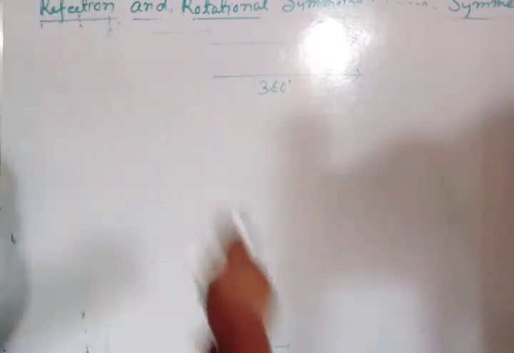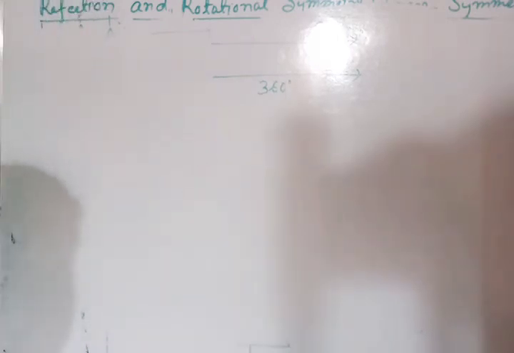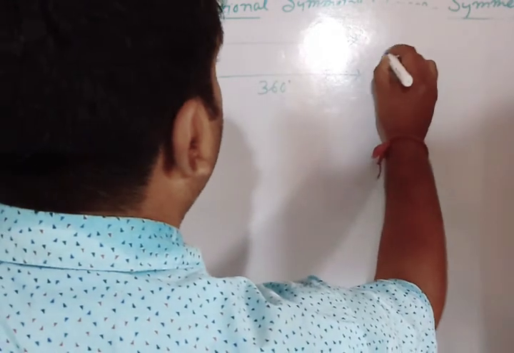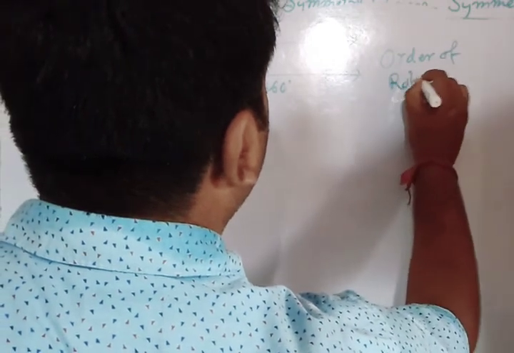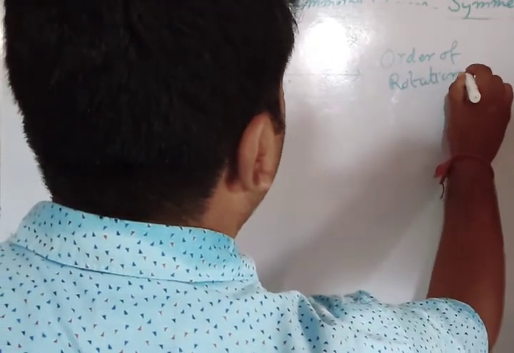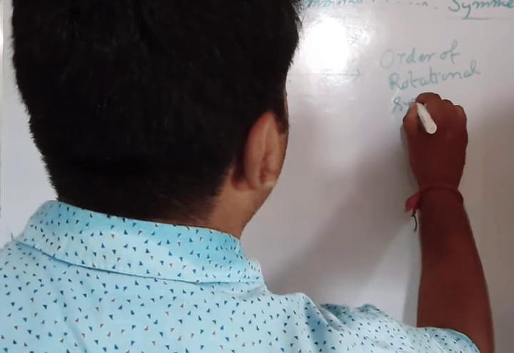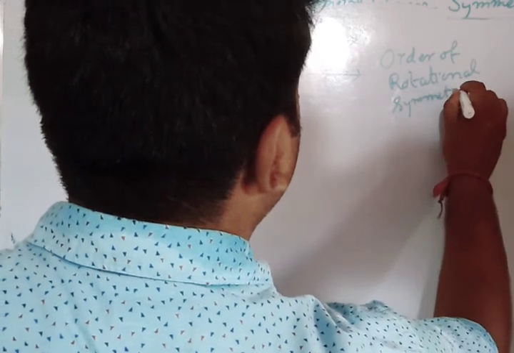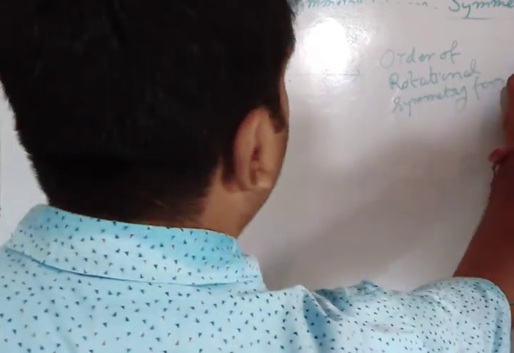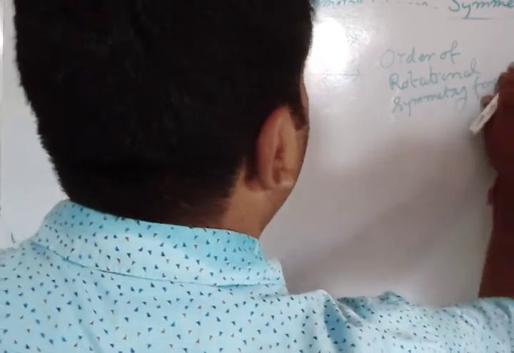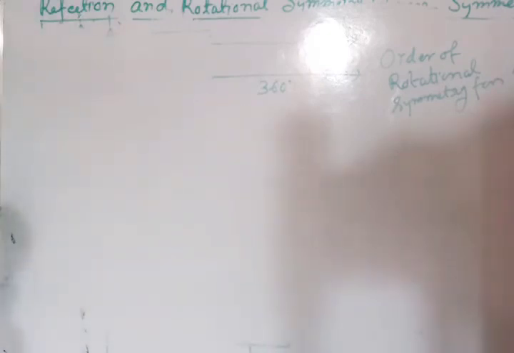So here we can tell that the order of rotational symmetry for this particular figure is 1, because in one time it will get symmetrical.